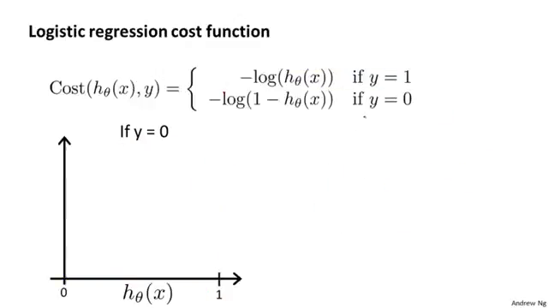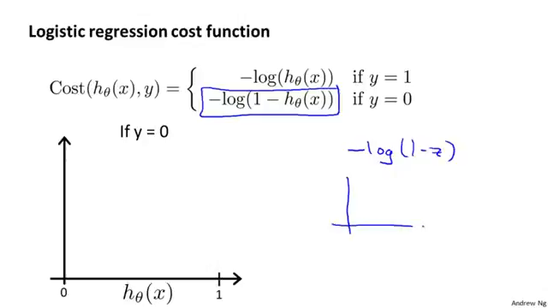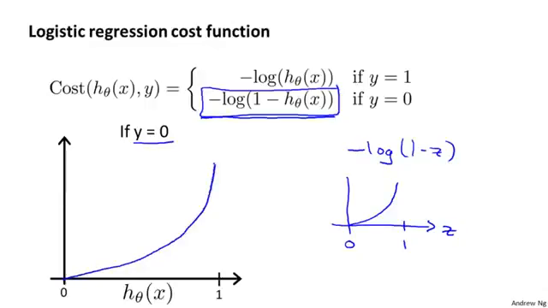If you look at this expression, and if you plot minus log 1 minus z, you get a figure that looks like this, which goes from 0 to 1 with the z-axis on the horizontal axis. So if you take this cost function and plot it for the case of y equals 0, the cost function looks like this. And this cost function blows up, or goes to positive infinity, as h of x goes to 1.